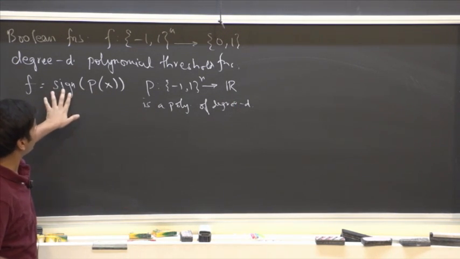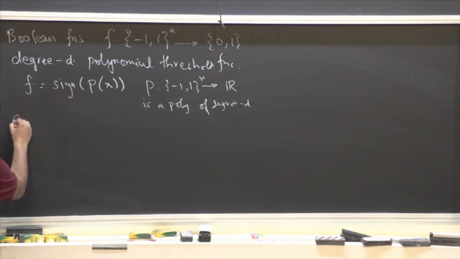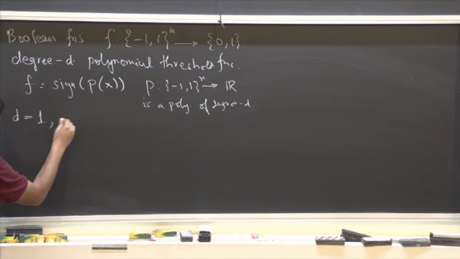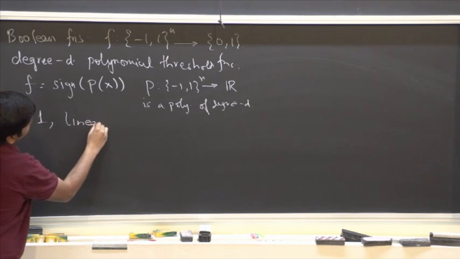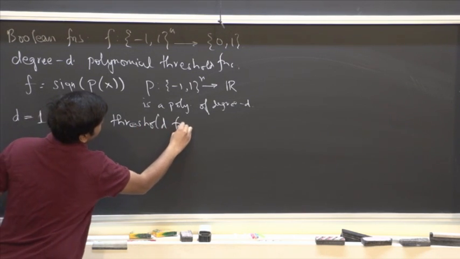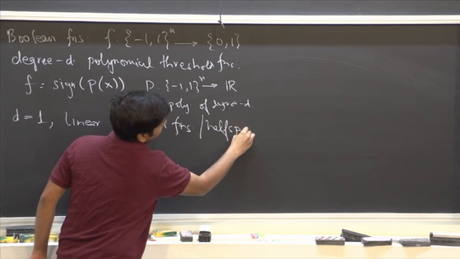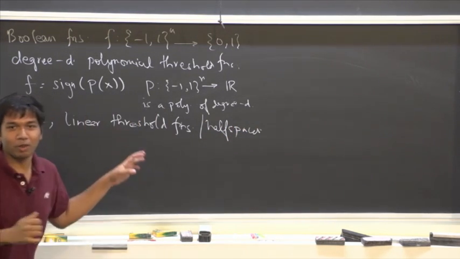You're taking a polynomial and then taking a threshold on it. When D equals 1, these are called linear threshold functions for obvious reasons, or alternately half-spaces, and they will be occupying a majority of the talk.